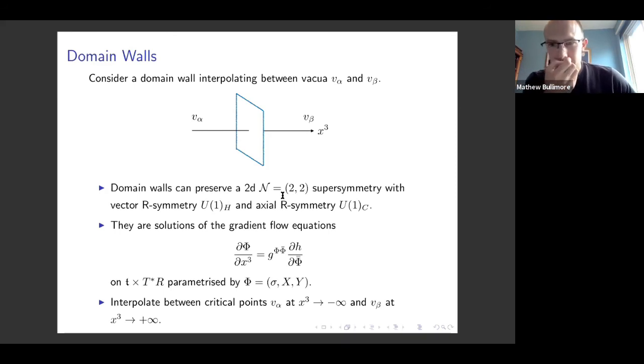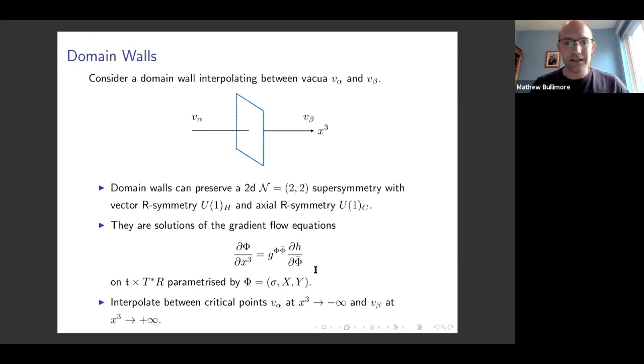And so here's where this superpotential h is really important, because domain walls, if they're to preserve (2,2) supersymmetry, one can look at the BPS equations for those supersymmetries. And what you find is that domain walls have to be solutions of the gradient flow equations for the real superpotential h. I'm not going to write out exactly what they are, because it's really not going to matter for what I want to say.